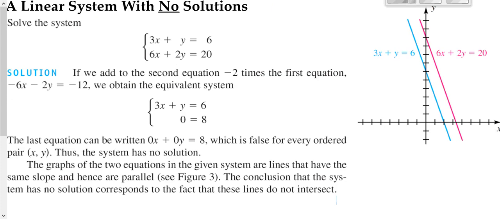This one here, if you go ahead and multiply this first equation by negative 2, you get a negative 6x minus 2y is equal to negative 12. Bring over the bottom equation.